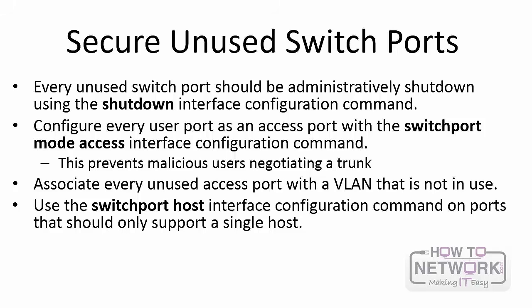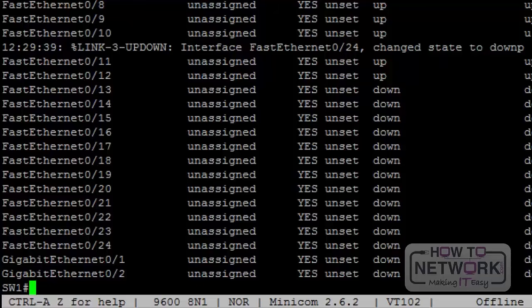Finally, you should configure the switchport host interface configuration command to force a port to support only a single PC. So as you can see here on the switch, all of the ports are basically either up, or the ones that are down, they're not administratively shut down. So theoretically, a malicious user could connect a PC to this switch and get an active connection.